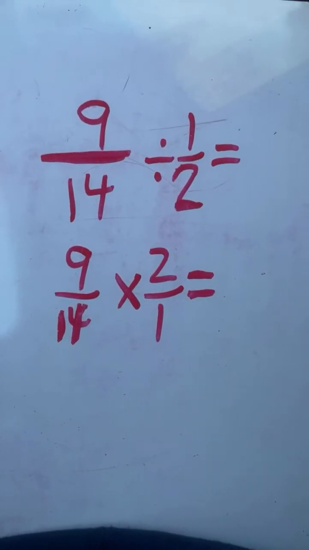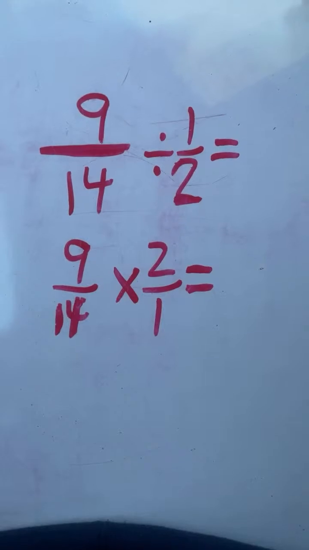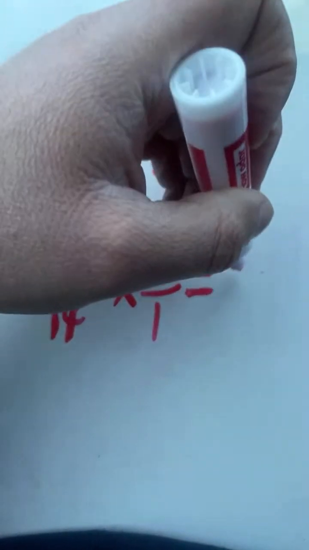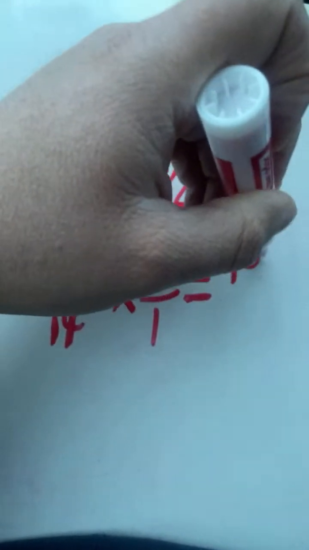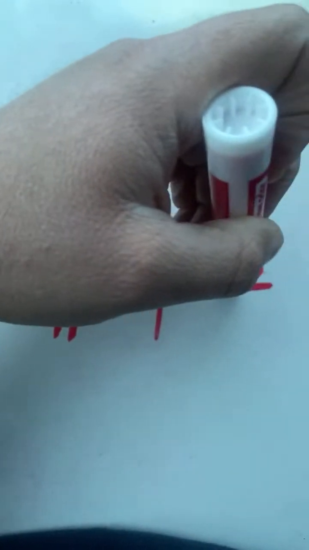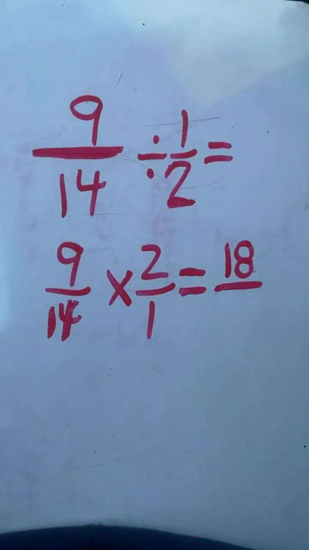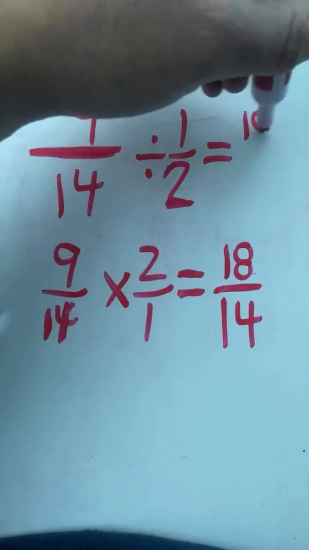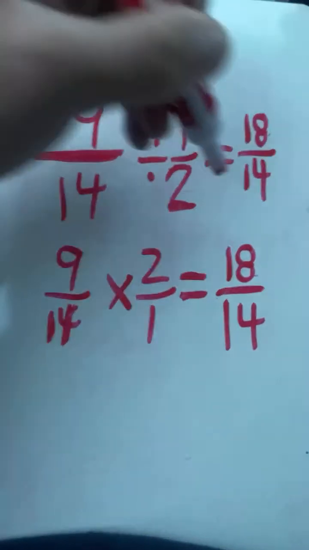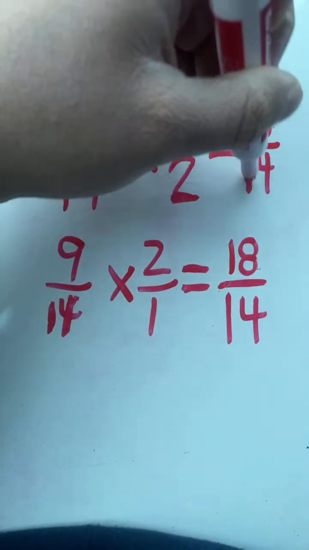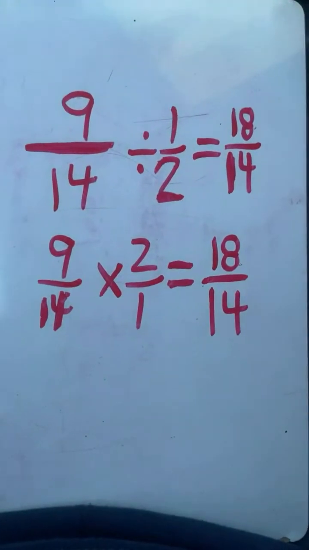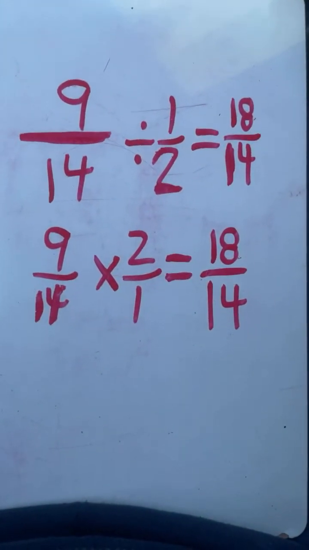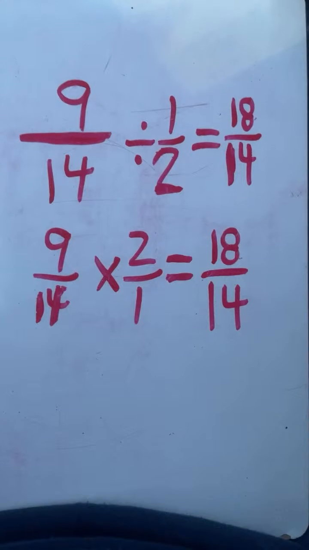So we now have 9 14ths times 2/1. So 9 times 2 equals 18. 14 times 1 equals 14. And we have our final answer. 9 14ths divided by 1/2 equals 18 14ths.